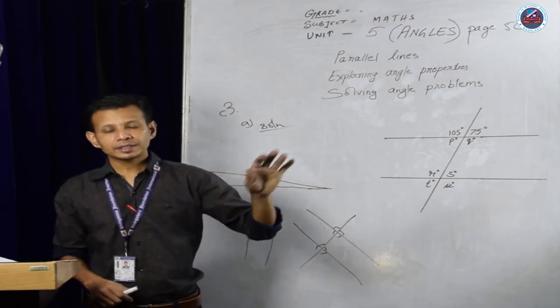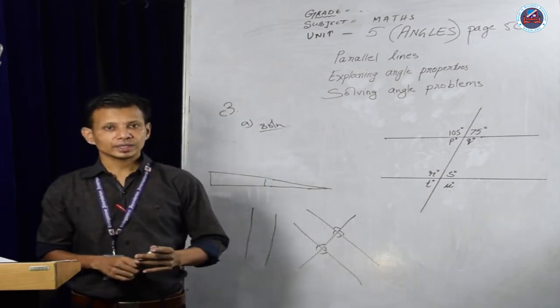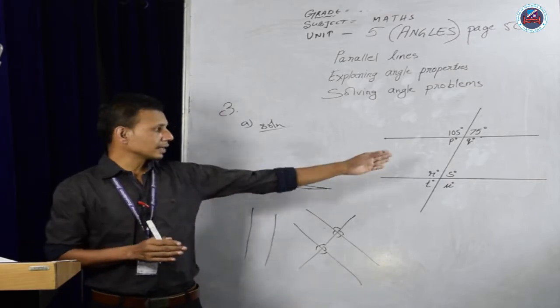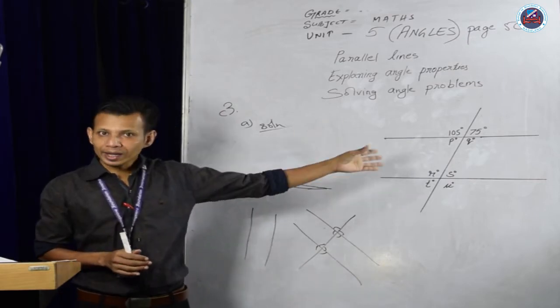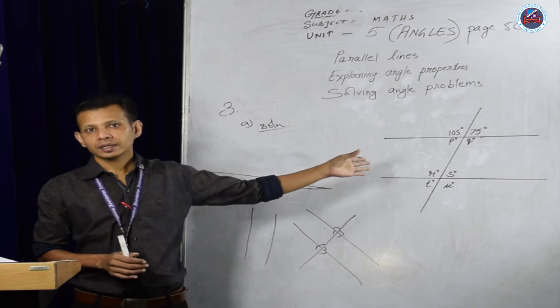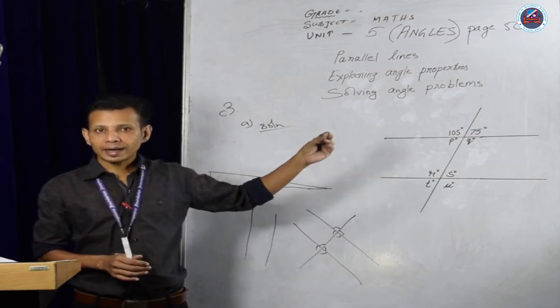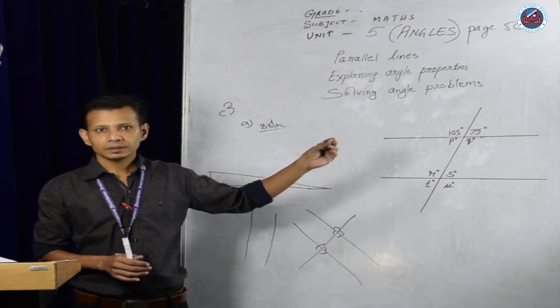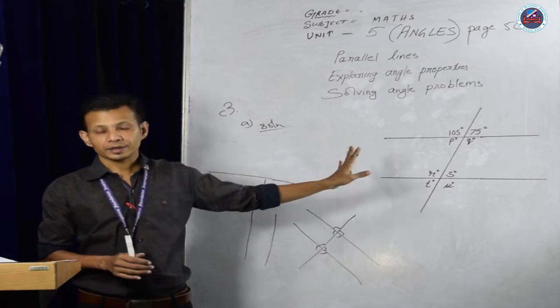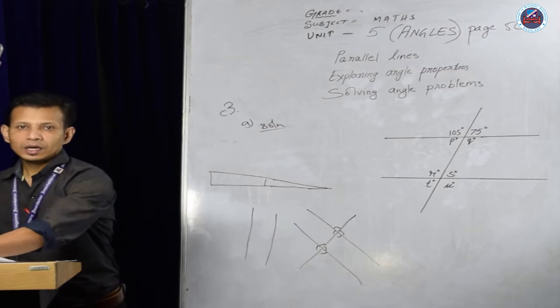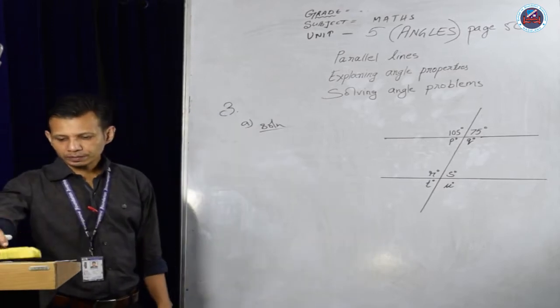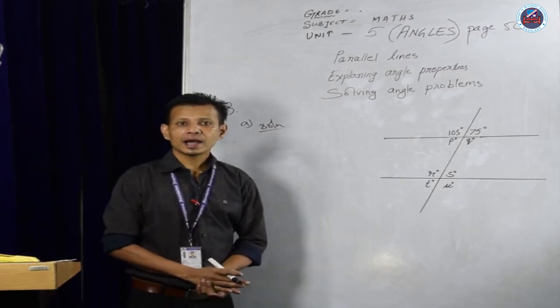I've explained everything in the PPT. Please go through them. If corresponding angles and alternate angles are equal, yes, they are parallel. If corresponding and alternate angles are not equal, they are not parallel. Remember that.